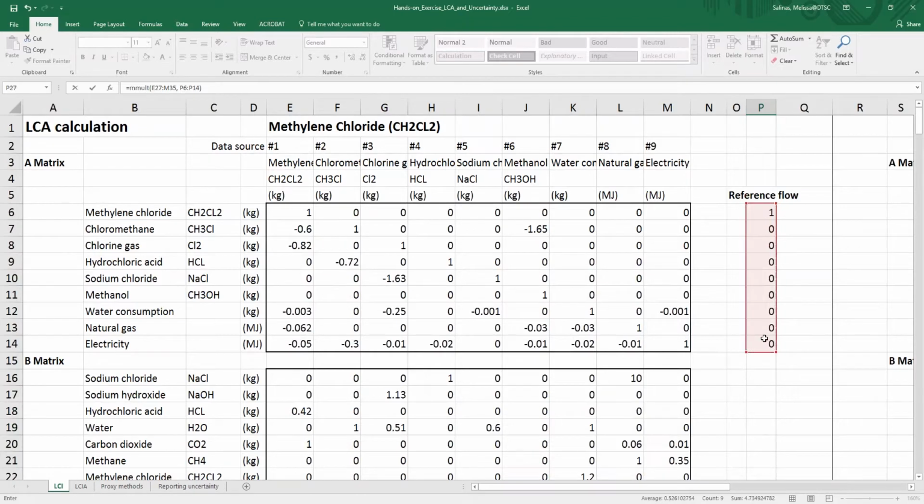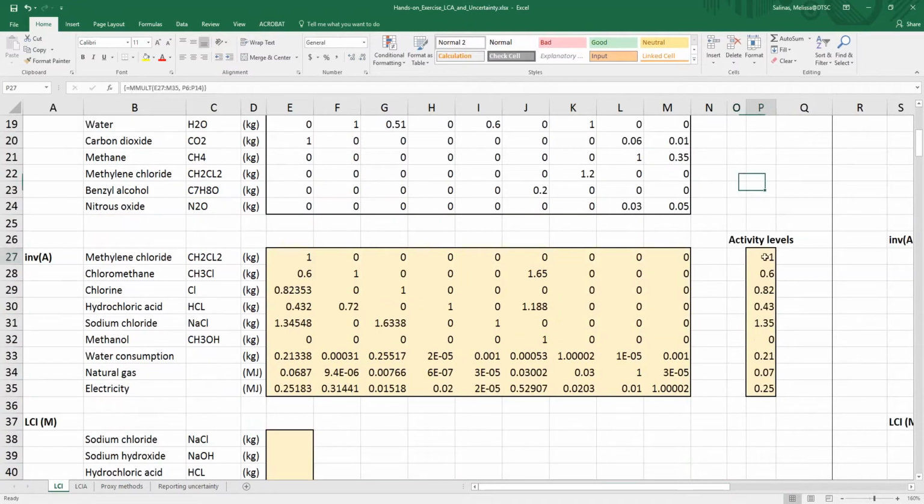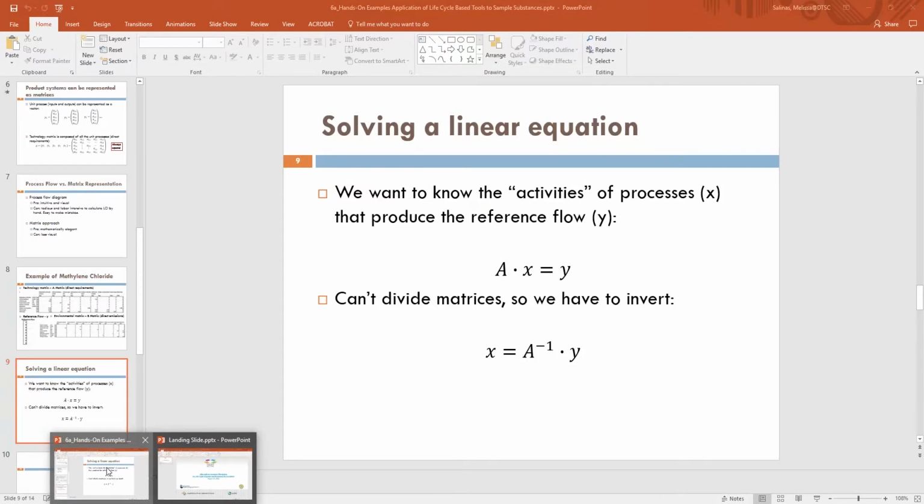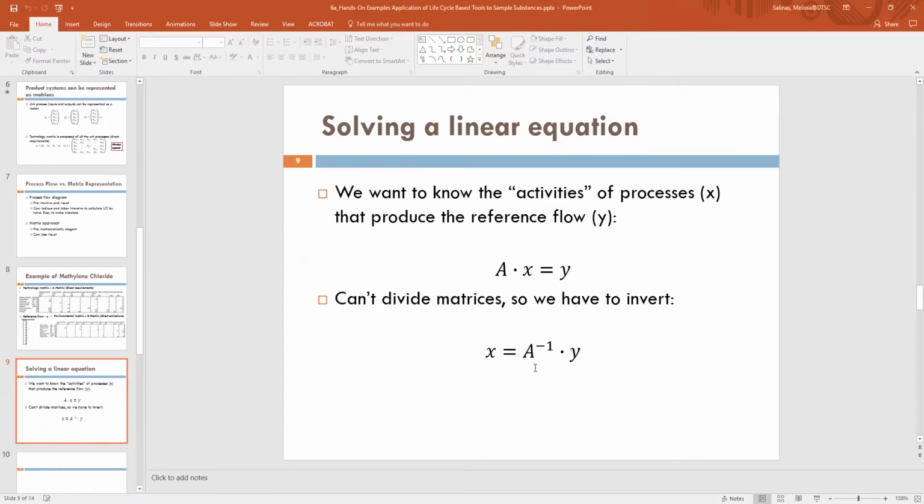And then close the parenthesis, and again, Control Shift Enter. If you do that, it will basically do exactly the same thing. So basically, what it does is that you extract the first column based on the reference flow. And you remember that in our PowerPoint file, we did just that, right? A inverse times Y.